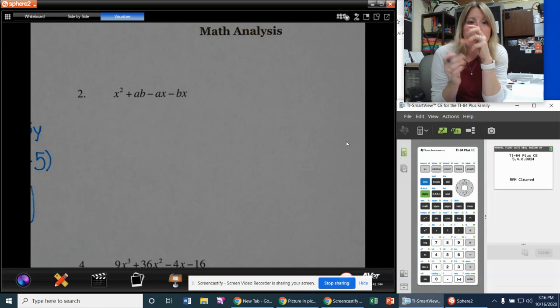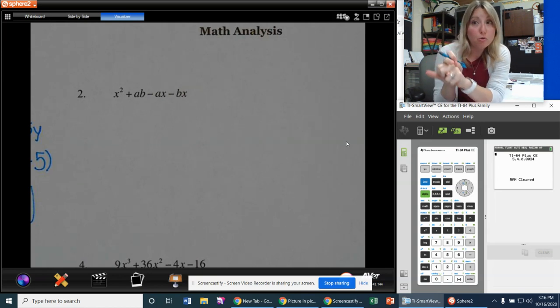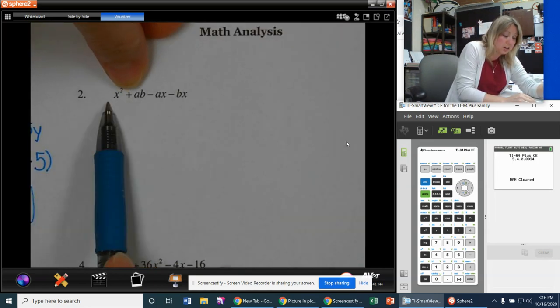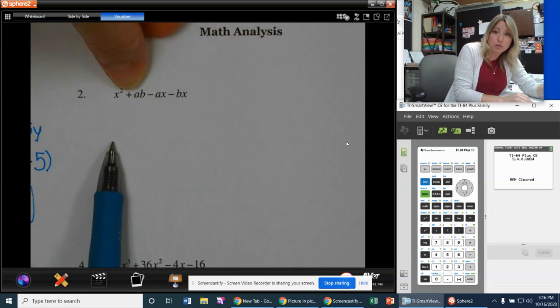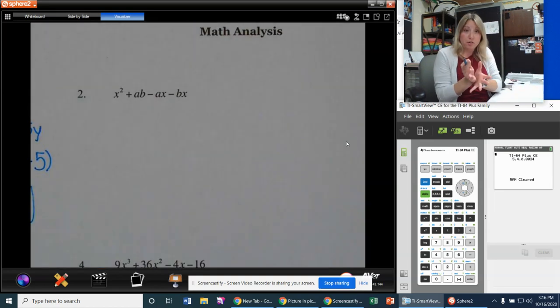The thing is, you've got to maybe move some stuff here so that you can pull a trinomial. Because if I just took these two terms together and tried to pull out a GCF, I wouldn't be able to. There is no GCF between an x squared and a positive ab. So I might have to reorder here, okay?